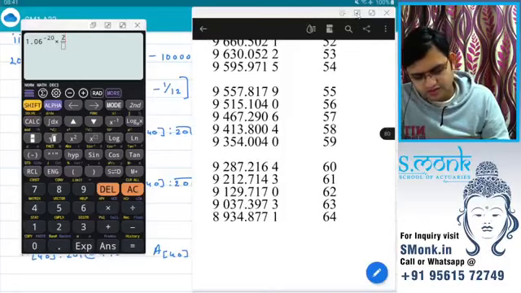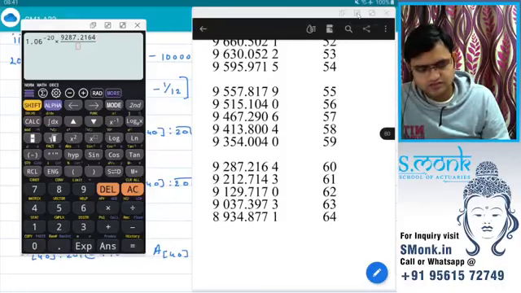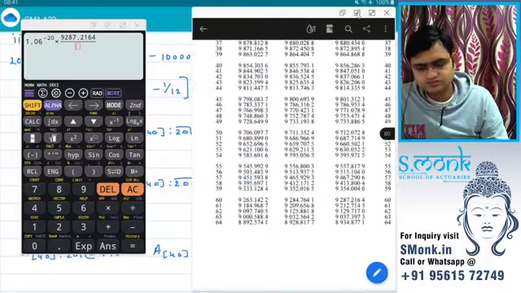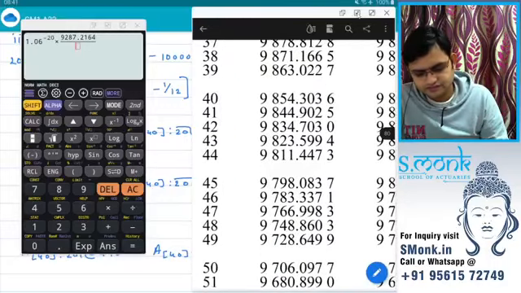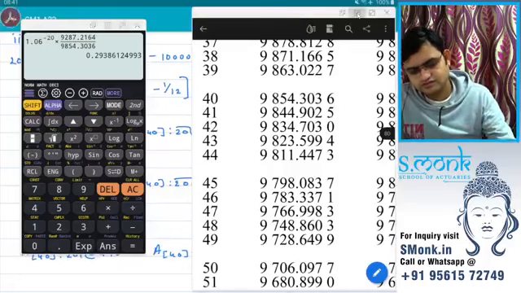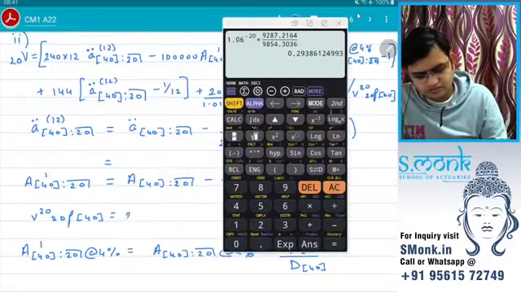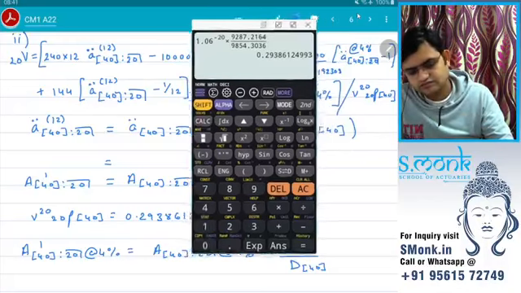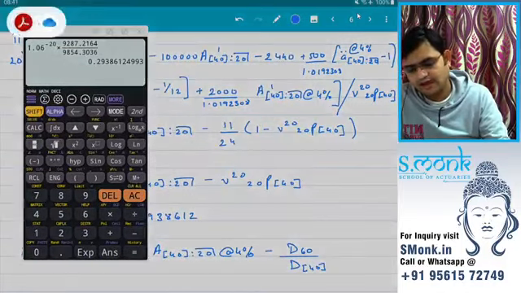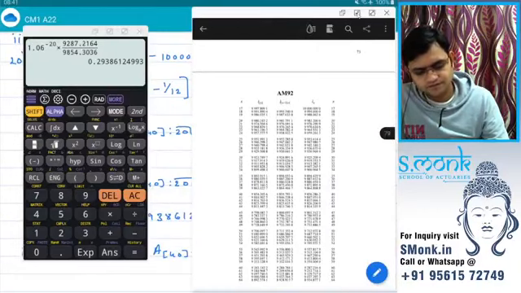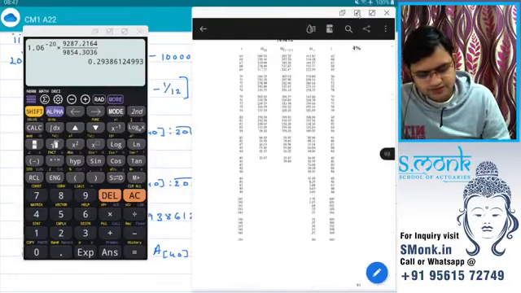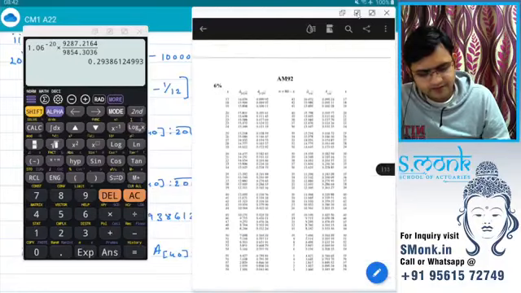L60, select 40. Let's go to the 6% endowment table.